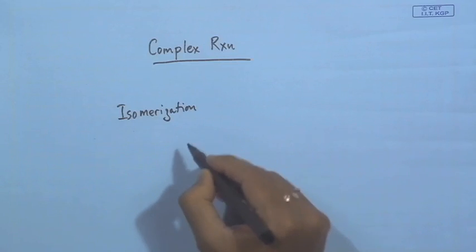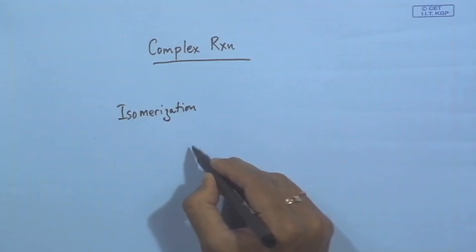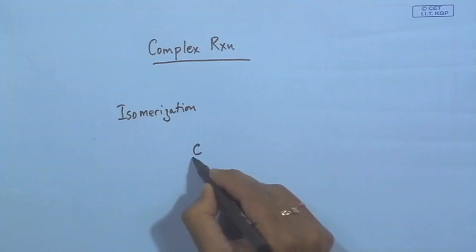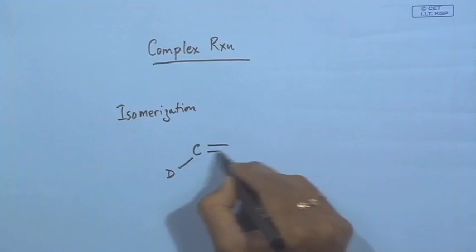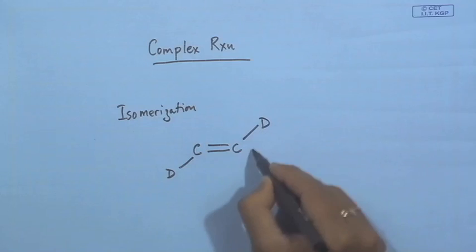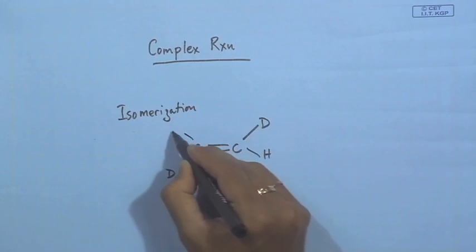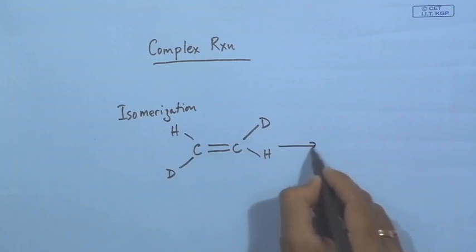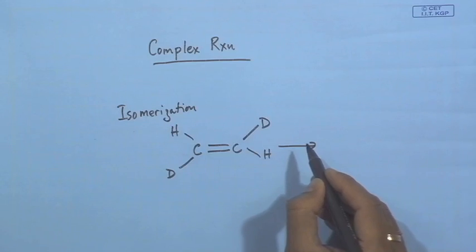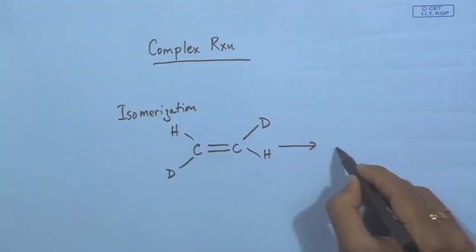of trans deuteroethylene, like CHD=CHD, so it isomerizes to the cis form like this.